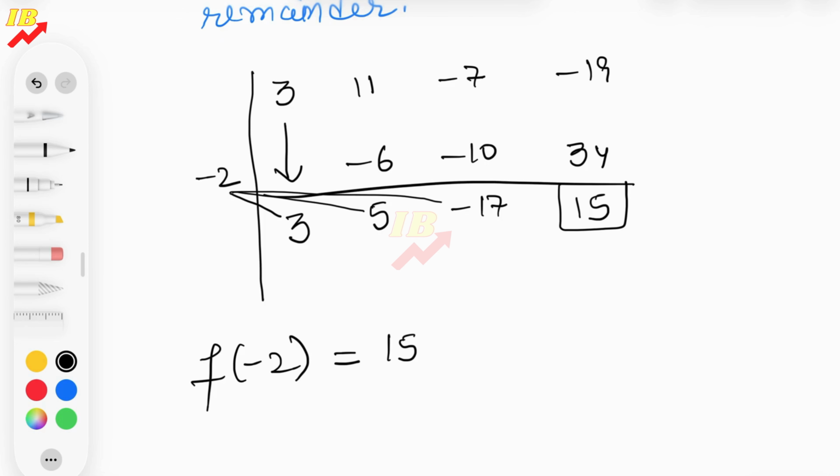This is directly coming out to be your remainder, the last thing. And if they ask about the quotient, this is again a trick. You just understand it. This is your remainder. And if we want to find the quotient for this polynomial, see, this is your last term, so it is negative 17, simple.